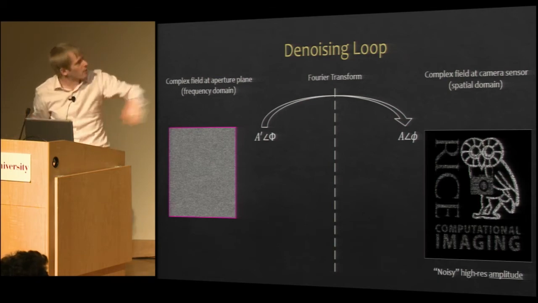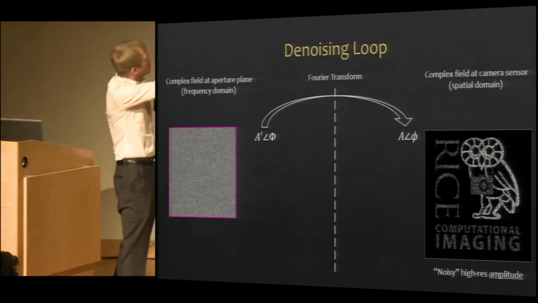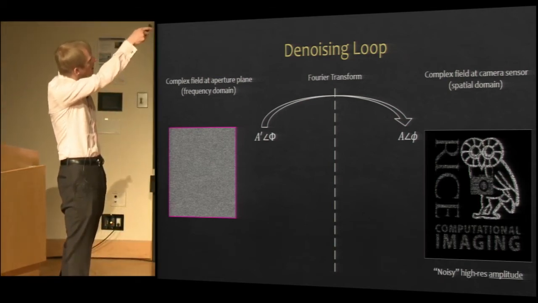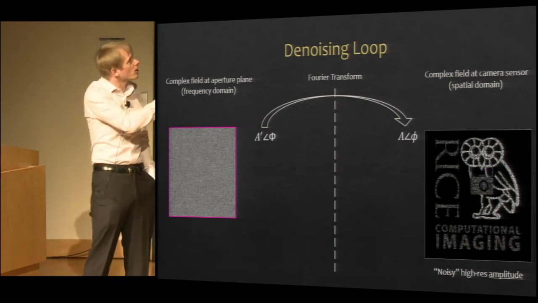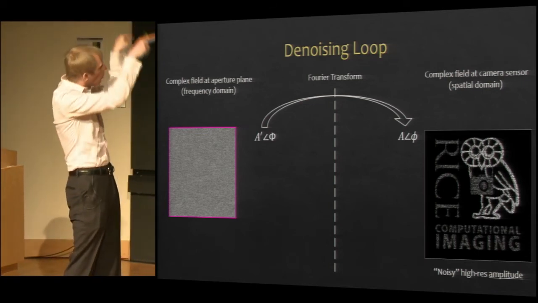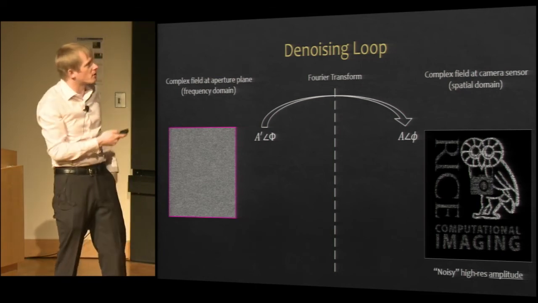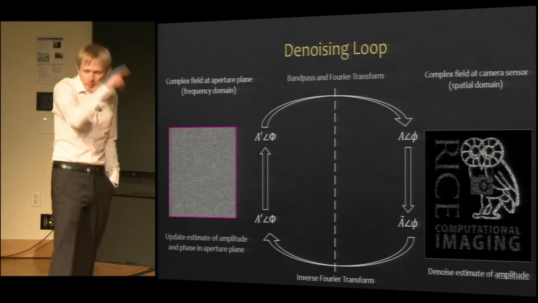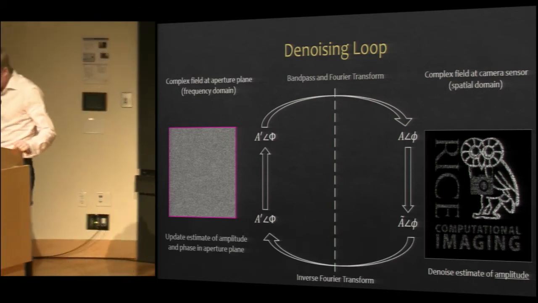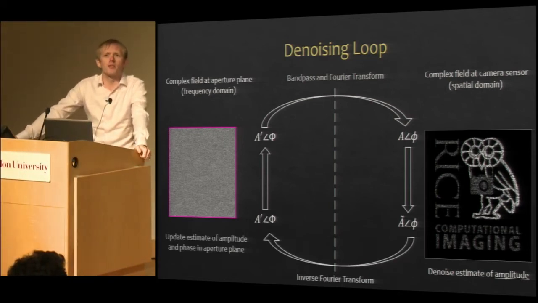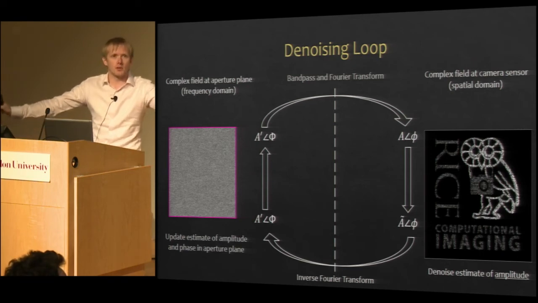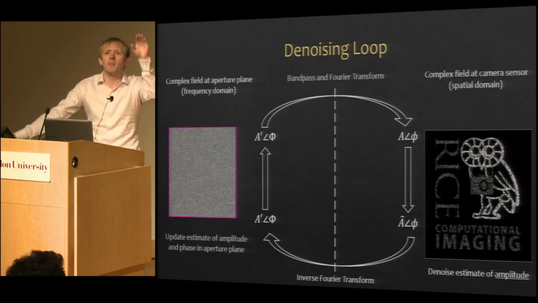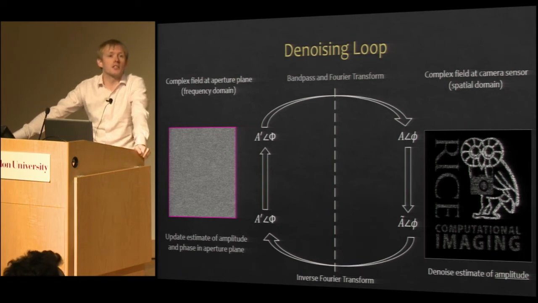So each time, we sort of go through the individual apertures, and as we scan through, we just run a denoising loop where we take the whole synthetic aperture, go into the spatial domain, denoise an estimate of the amplitude, and then come back as we repeat. And this has a nice property of not improving spatial resolution, right? We haven't actually added more information, but it suppresses some of the variation due to the speckle, and it improves the apparent contrast.